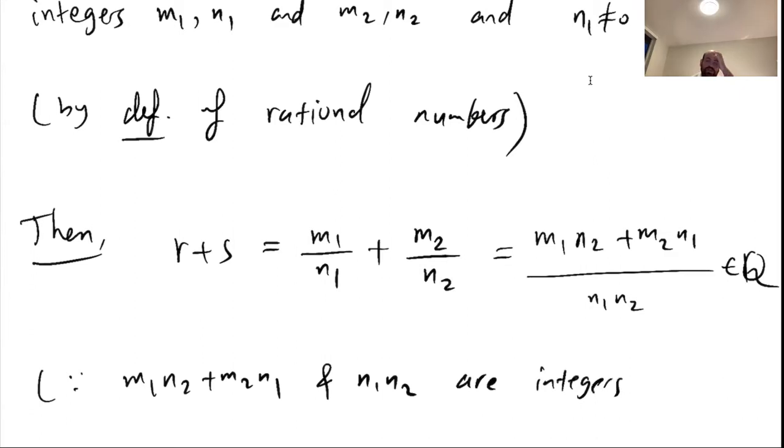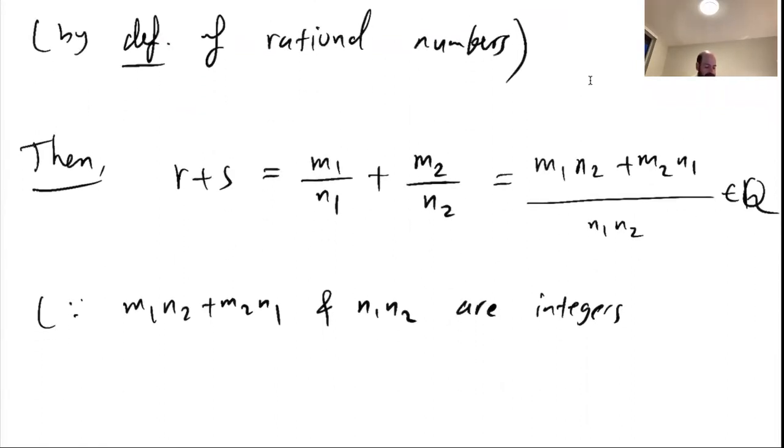How can I show that a number is a rational number? I just need to check whether it's of the form M over N for some integers M and N. Well, here R plus S is of the form M over N with M and N integers and denominator not zero. Why? Because the numerator is M1 N2 plus M2 N1, which is an integer. Why is it an integer? Because each of M1, M2, N1, and N2 is an integer, right?